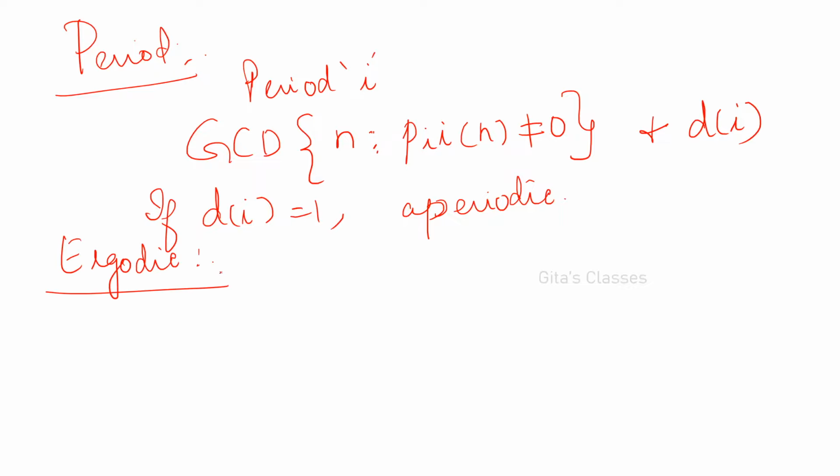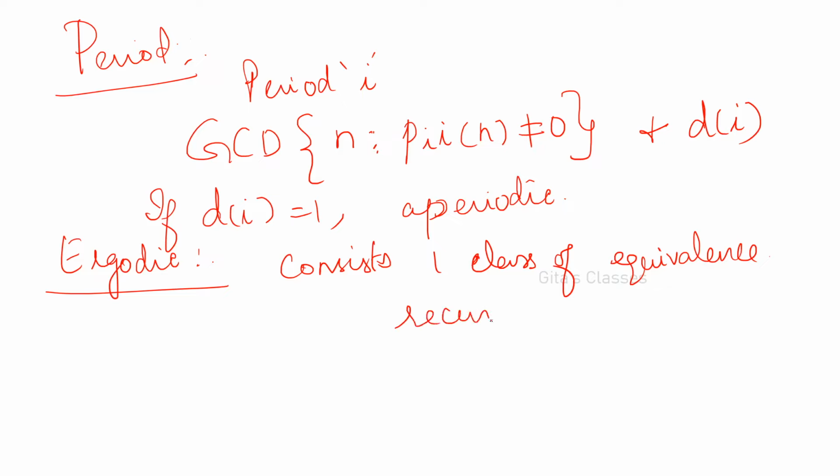Next definition is ergodic. When will you say that it is ergodic? It should consist of one equivalence class. What is an equivalence class? It should satisfy reflexive, symmetric and transitive. This also I have explained. If it satisfies all these three conditions, it is said to be an equivalence relation. And one class of equivalence it should have, all the states in that class should be recurrent, and every state should be aperiodic.